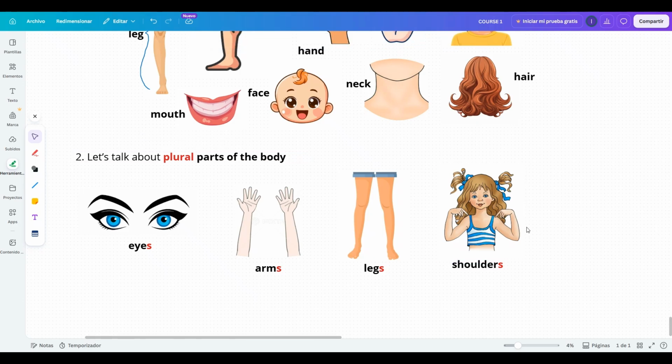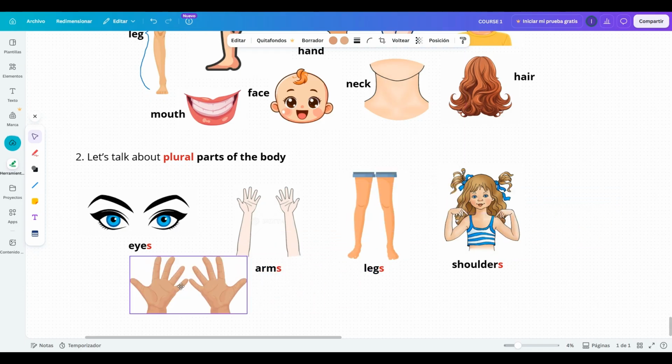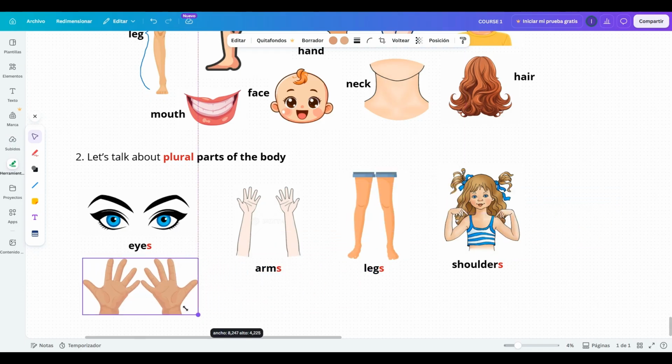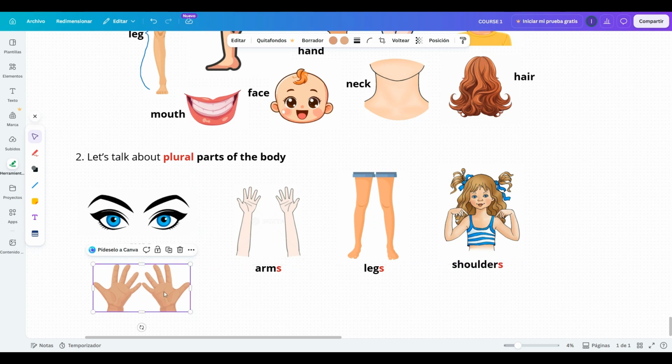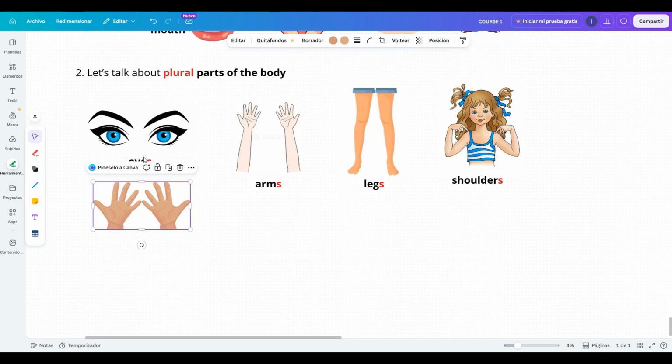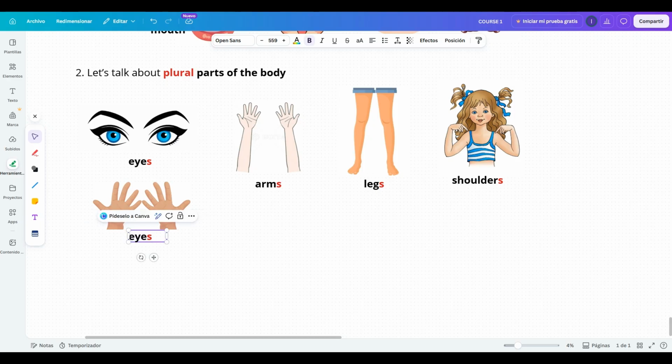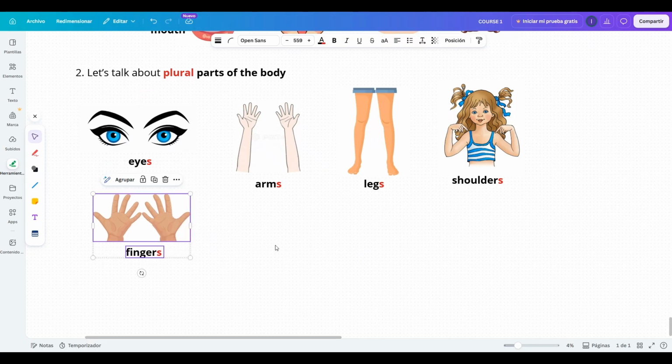Or more plurals, right? How many fingers? Yes, we've got 10 fingers. Fingers, plural, right? So you say fingers, 10 fingers, 5 in each hand.